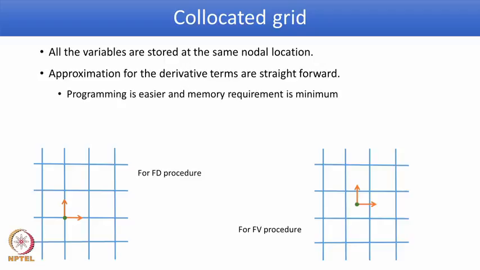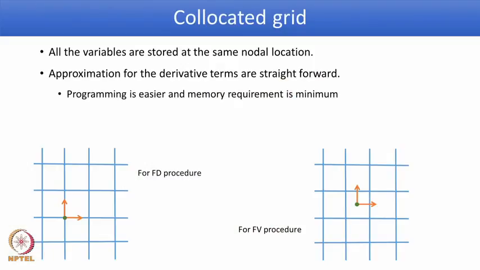Let us say, for example, you are trying to find the first derivative ∂u/∂x or the pressure derivative ∂p/∂x. Both ∂u/∂x and ∂p/∂x appear in the u momentum equation, and for both you need to find the derivative.